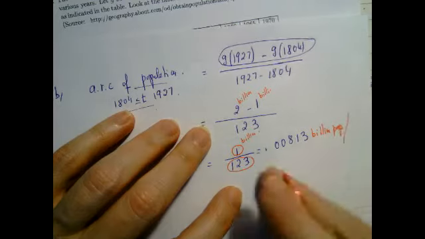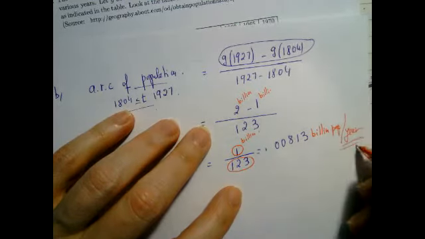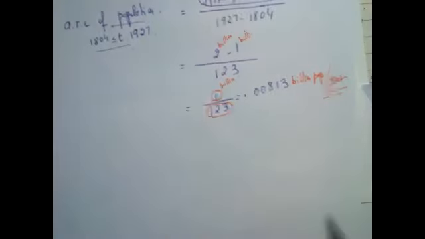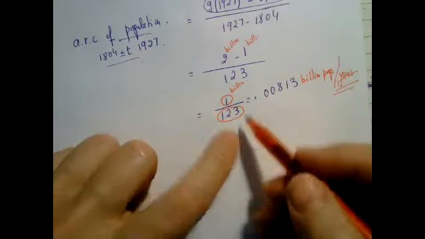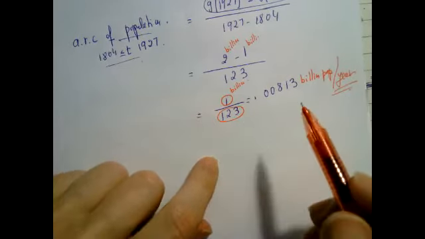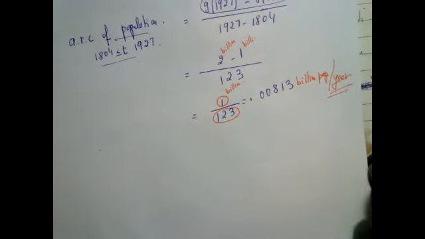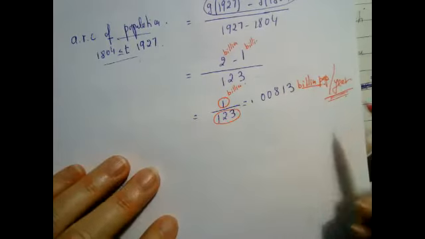It's not people, it's 1 billion people per year in the numerator. So the unit is the unit of the numerator, which is billion people, per unit of the denominator, which is a year. So that's how fast the population is changing. So that many billion per year.